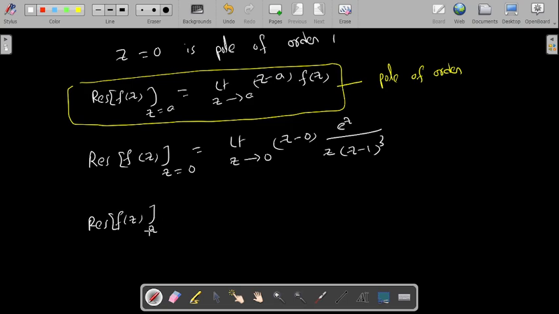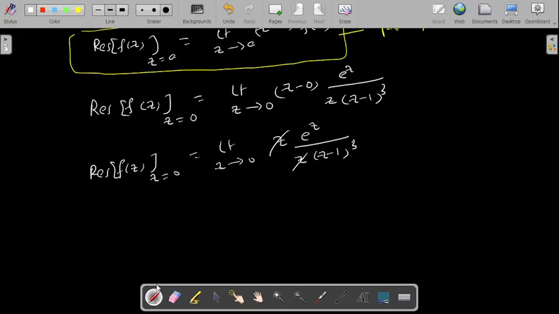So residue of f(z) at z equals 0 is limit z tends to 0 of z into e^z by z into (z minus 1) whole cube. This z gets cancelled. So therefore, substitute 0: e^0 by (0 minus 1) whole cube, that is 1 by minus 1, which is minus 1.